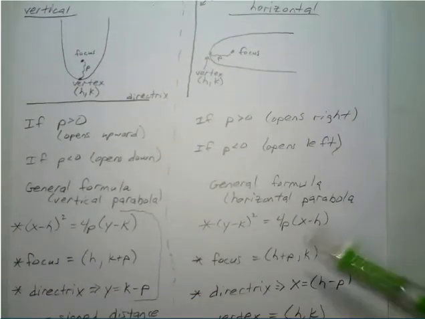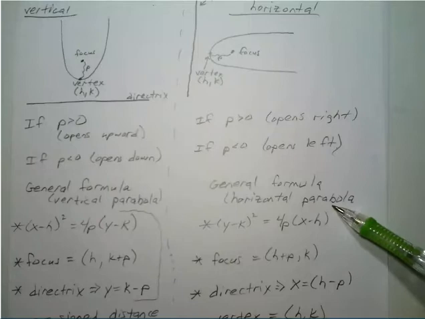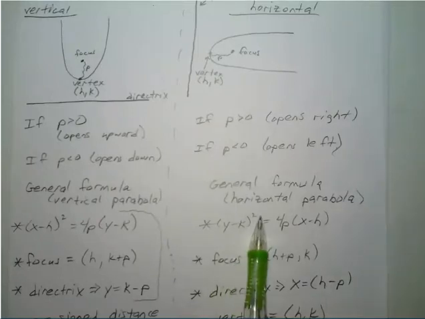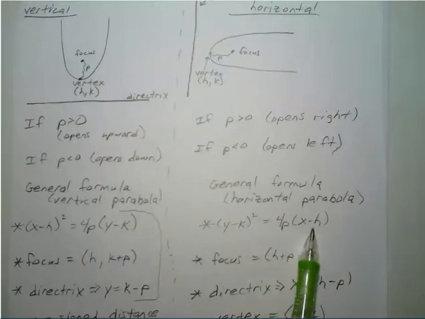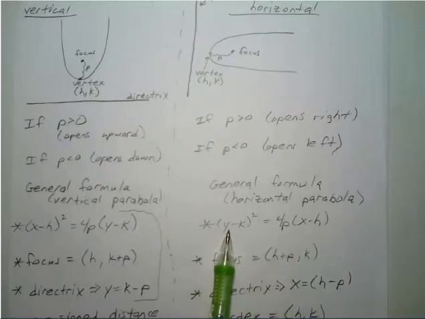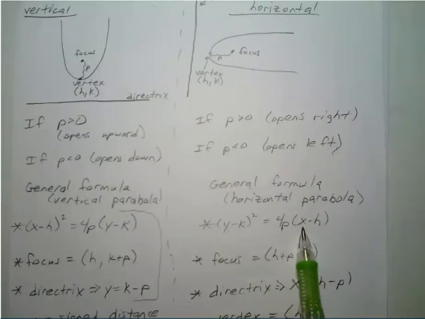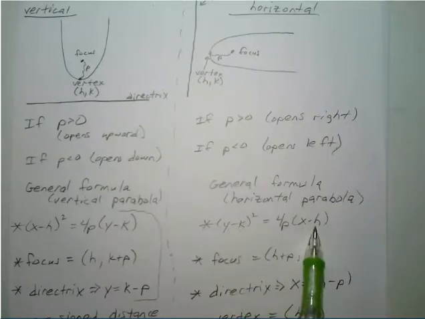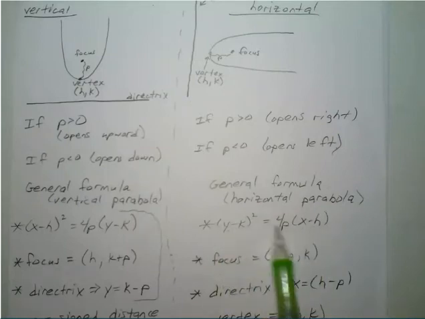Now the general formula for our horizontal parabola, cover that up, is (y minus k) squared equals 4p(x minus h). Remember, if it's centered at the origin, it's just y squared equals 4px. But if the graph shifts, it shifts either k units vertically or h units horizontally. But if it's centered at the origin, h and k will be 0, 0, so you'll still end up with y squared equals 4px.